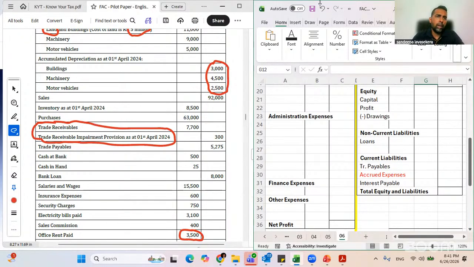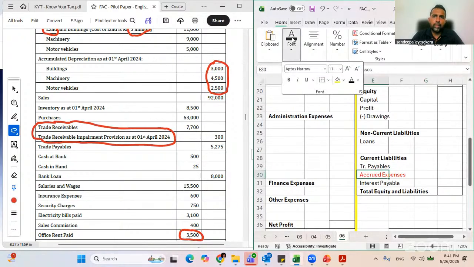Right, Lama, if you're done with the formats, just drop a message so that we can start now.